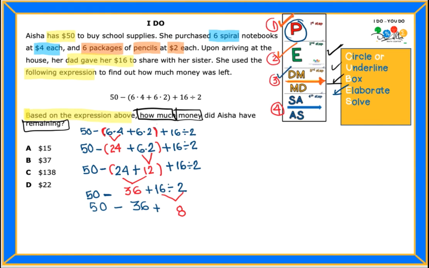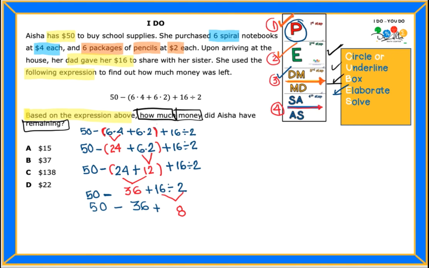Great. And now I'm going to look at the last step, addition and subtraction. Now the only two operations that we have is subtraction between 50 and 36, and addition between 36 and 8. I'm going to look at the last step, and it says I also have this arrow here going from left to right.